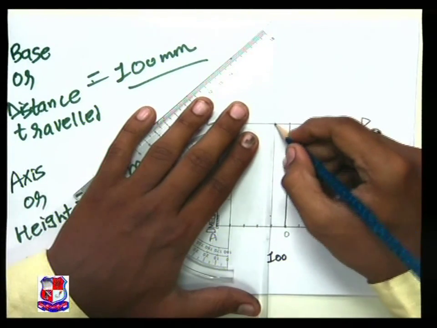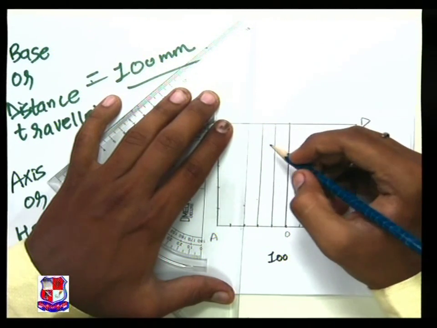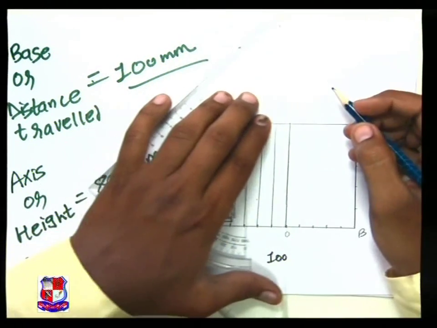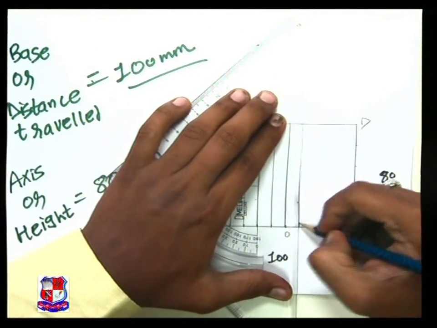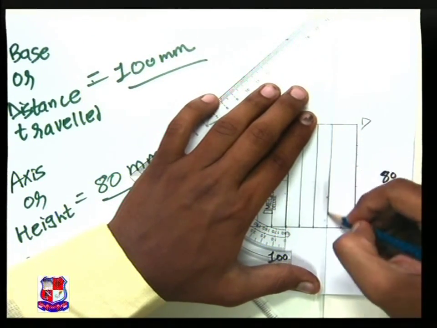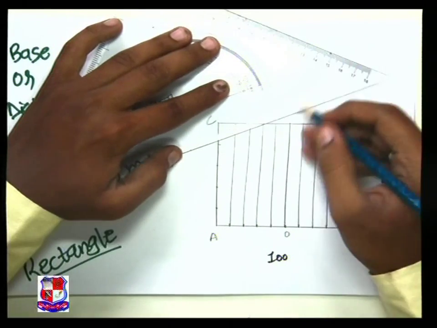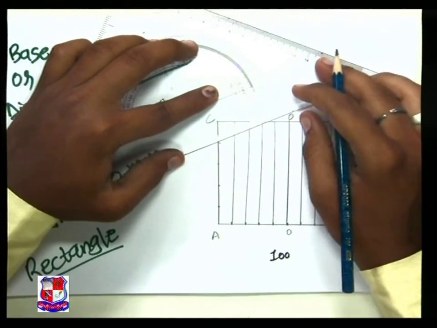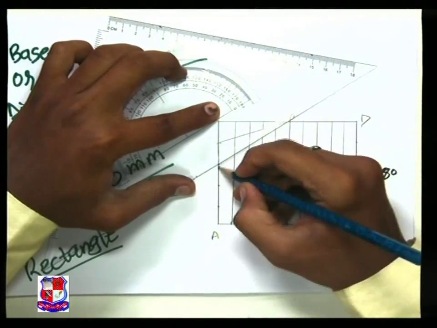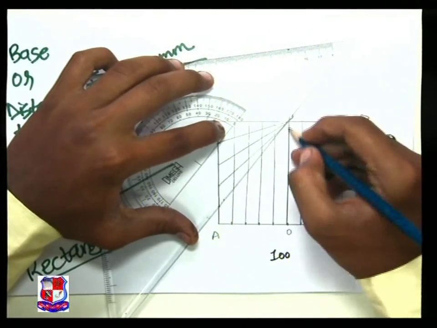Draw perpendicular lines. From this point, O dash, join these lines 1, 2, 3 and 4.